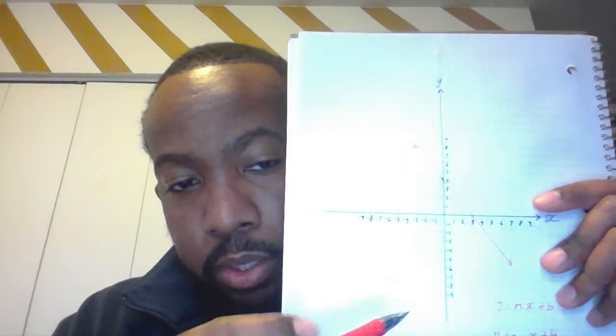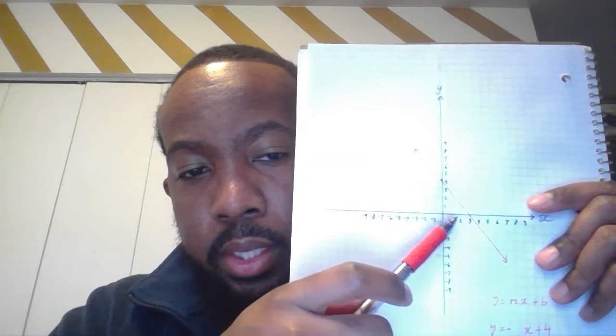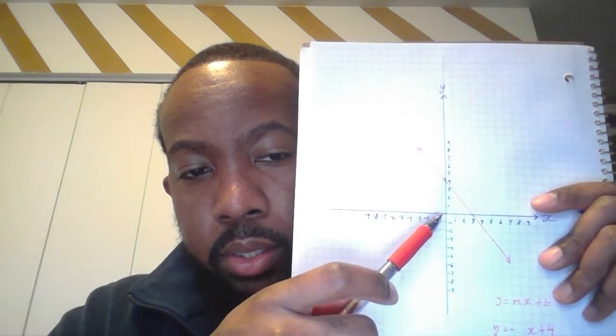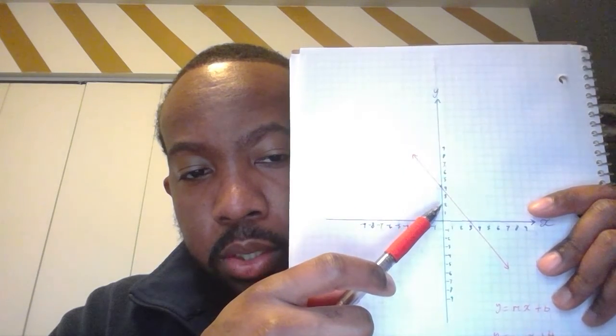Now how many units do I have to go up or down? If we start here at 4 and try to go down in order to get across to here, I have to go down 4 units. If I count, we'll go 1, 2, 3, and 4.